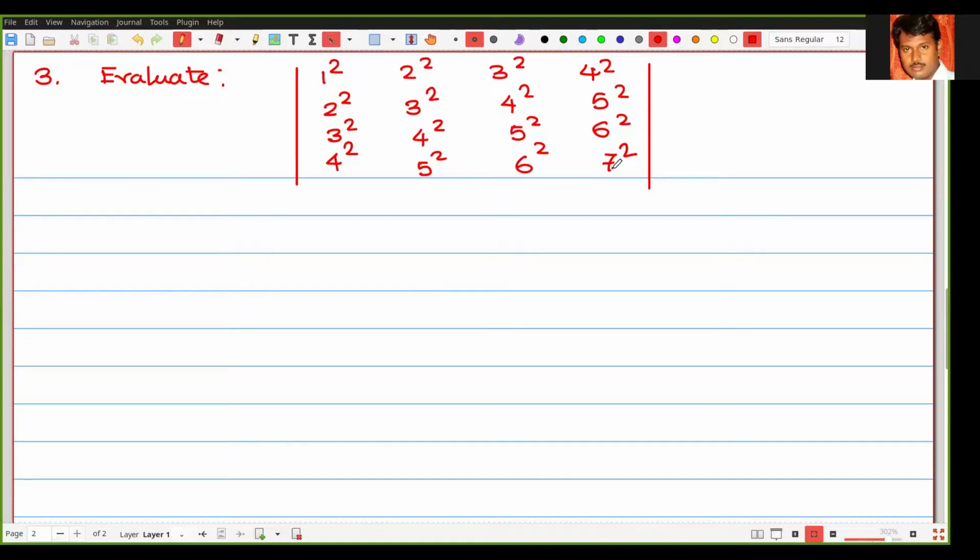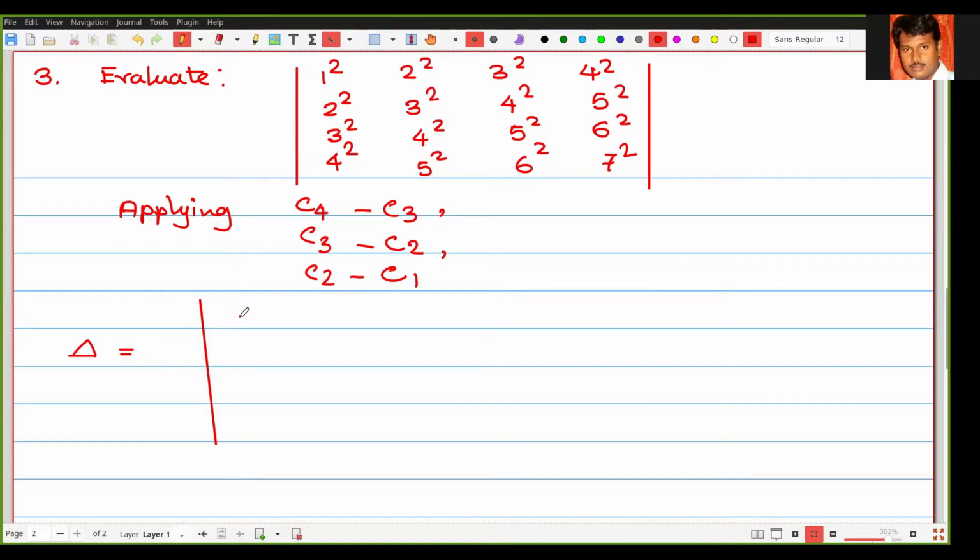So how to evaluate? At first we are applying C4 minus C3, then C3 minus C2 and C2 minus C1. Let's check what happens. So now suppose the value is delta.